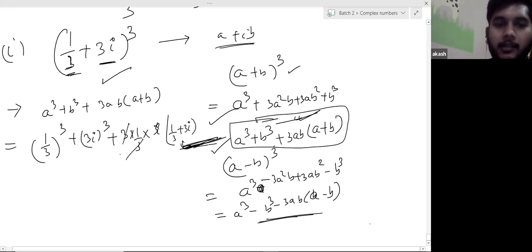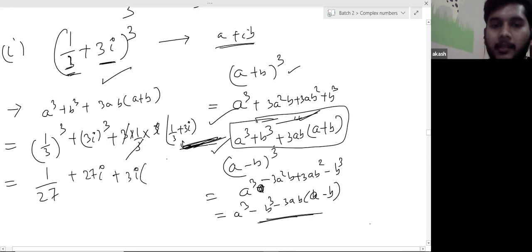So this 3 and 3 is cancelled. 1 upon 3 cube is 1 upon 27. This is 27i cube plus 3i. You can multiply this. This is 10i upon 3. Here 1 upon 27. Here this is cube.